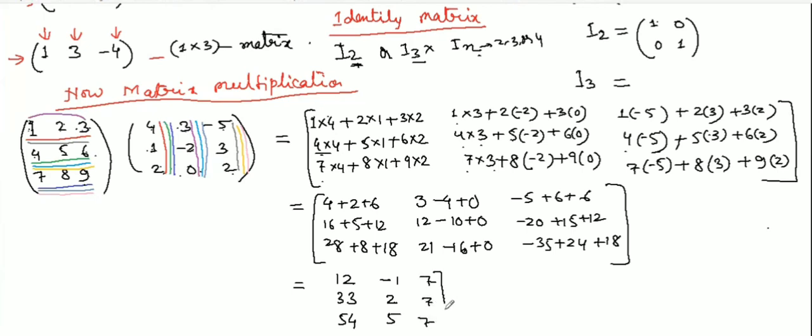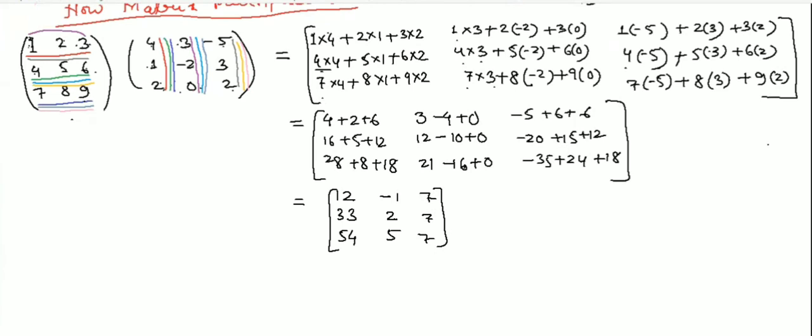So this way we multiply the two matrices. This is a 3 by 3, we multiplied a 3 row 3 column matrix by a 3 row 3 column matrix. So this way we multiply two matrices.